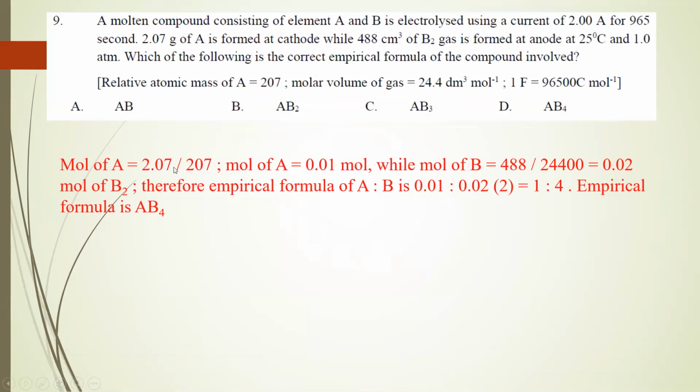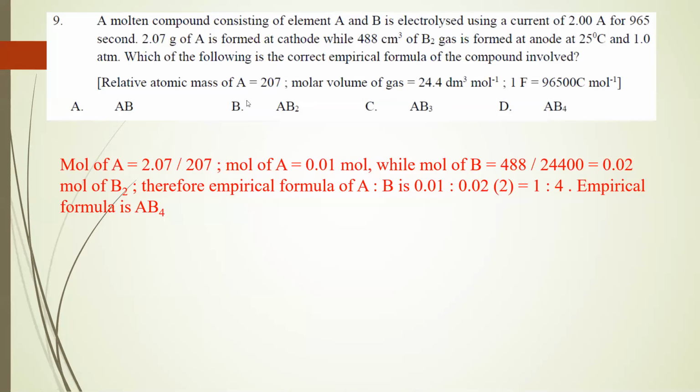So mole of A is 2.07 divided by 207, you get 0.01 mole, while mole of B is 488 divided by 24,400, that is 0.02. So we are going to say it is B2, because B2 is a diatomic molecule as mentioned inside the question, B2 gas.